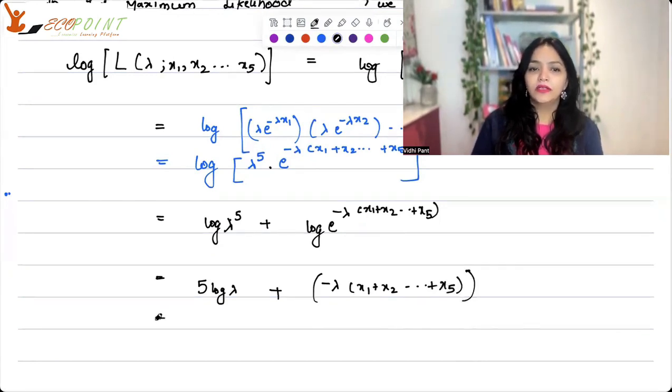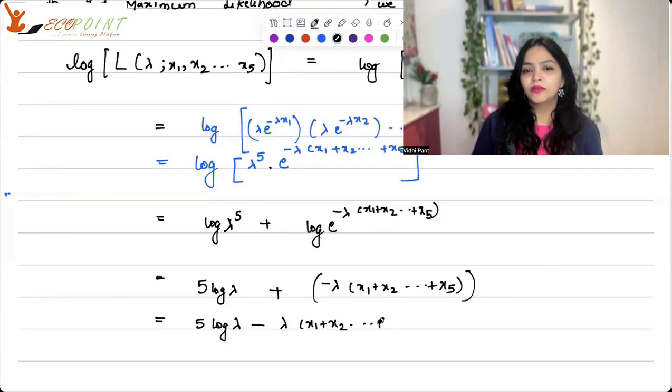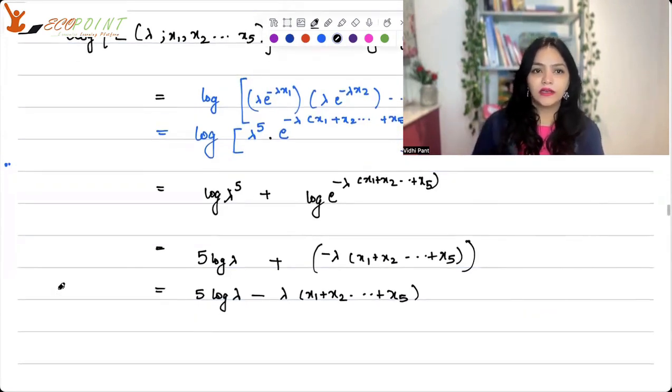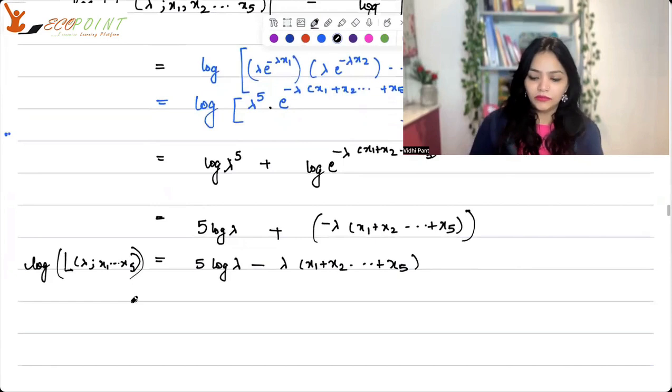In other words, it's 5 log lambda minus lambda times (x1 plus x2, and so on, till x5). This is our log of L, the log likelihood function.